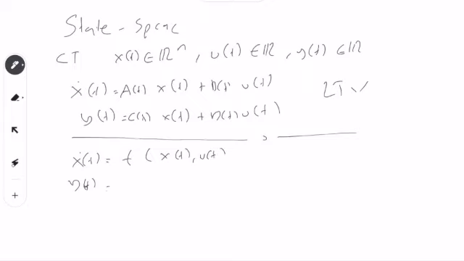Okay, and f is a general function. It doesn't need to be linear. It can, for example, be composed of sines, cosines, squares, other kinds of polynomials, and everything like that. And similarly, the output equation, let's call it h, depends on x of t, u of t.